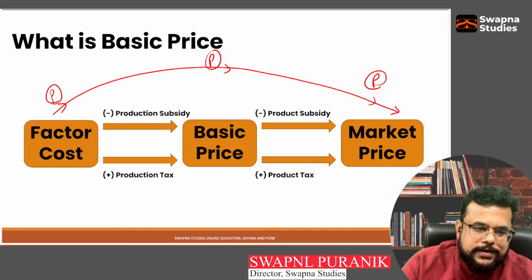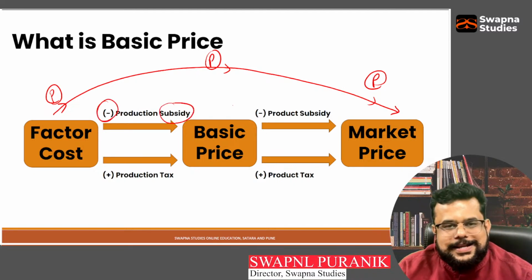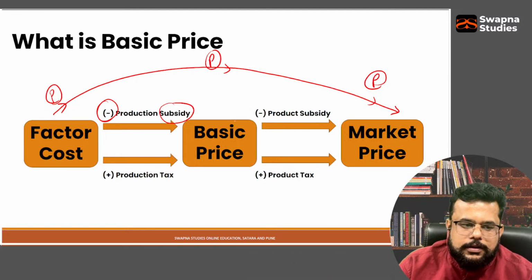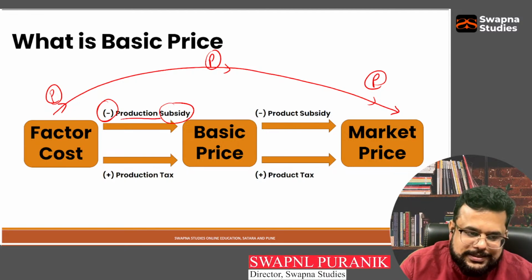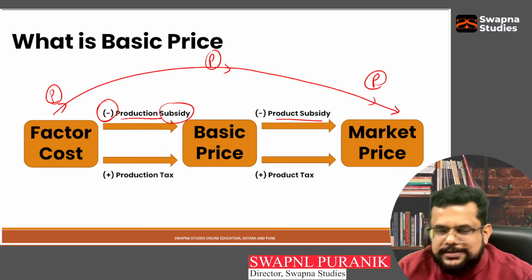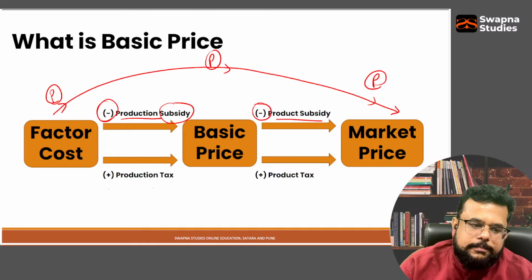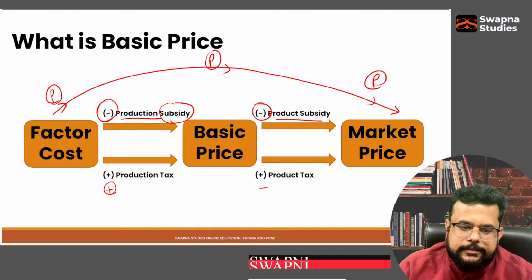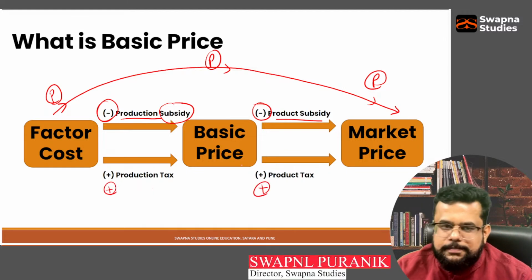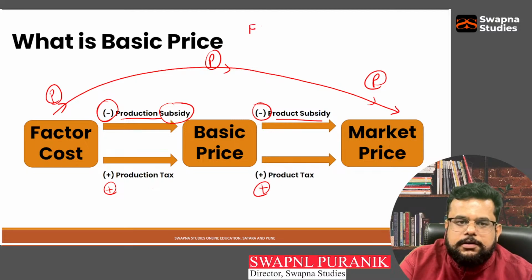Okay, now whenever the product is going from factor cost to market price, you have to keep this in mind. Every time subsidy is reduced, there is a minus sign for subsidy. Be it production subsidy, be it product subsidy, subsidy is reduced and tax is added. Tax is added. Very simple formula. What is the formula?